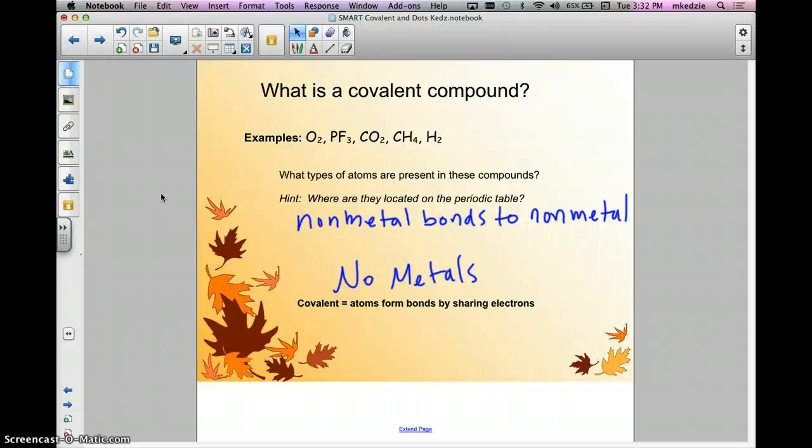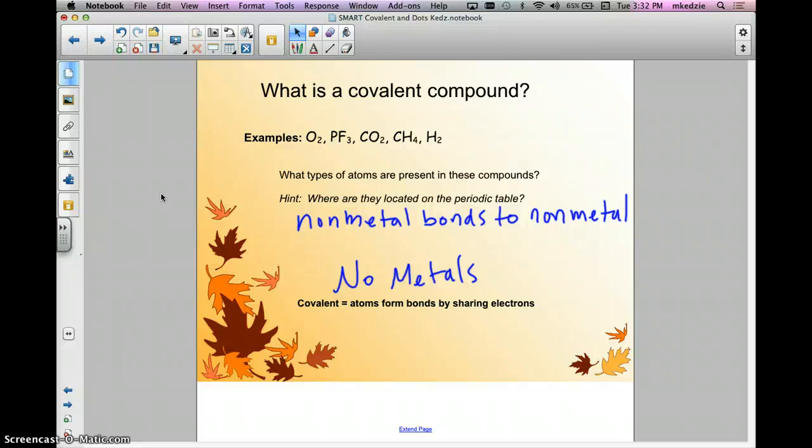Well, the prefix co means together, and then valent refers to the outer valence electrons. So these atoms that form covalent compounds are actually sharing their valence electrons so that they can have 8, so that they can be stable compounds.